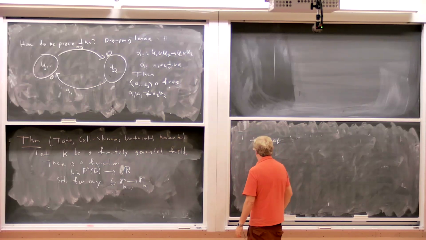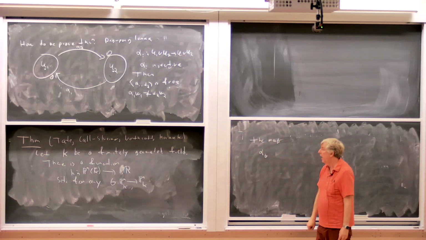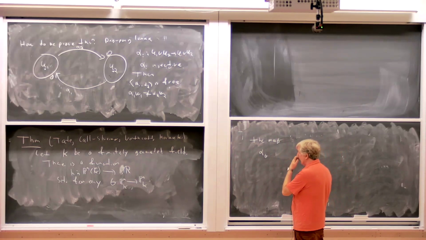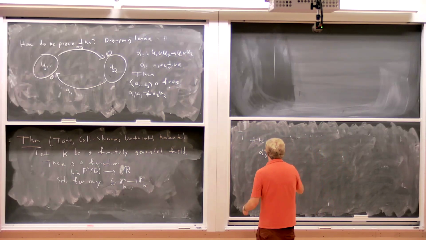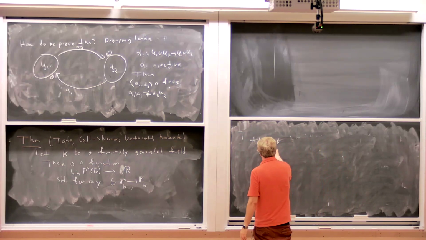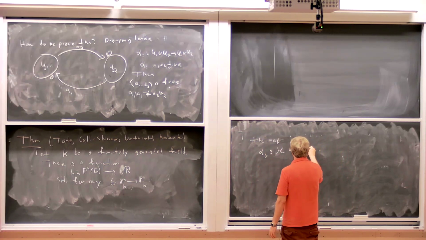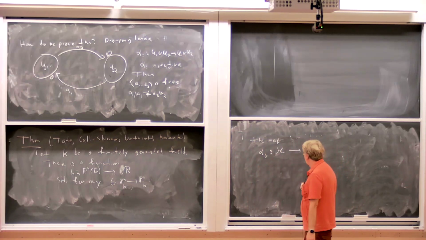What is alpha theta going to do? It's going to map this thing, capital H, to itself.